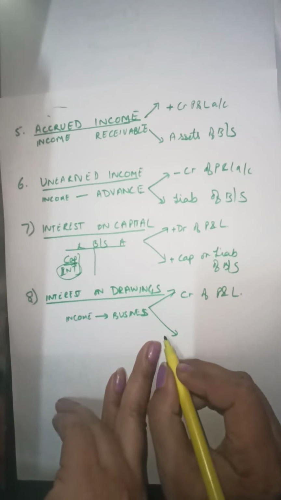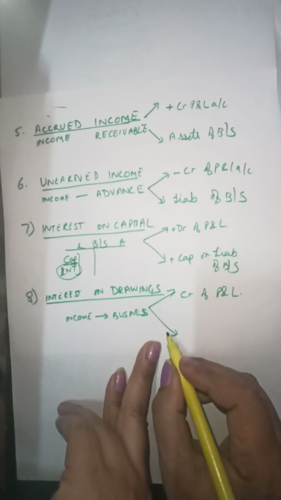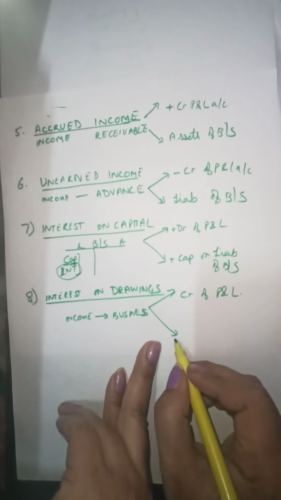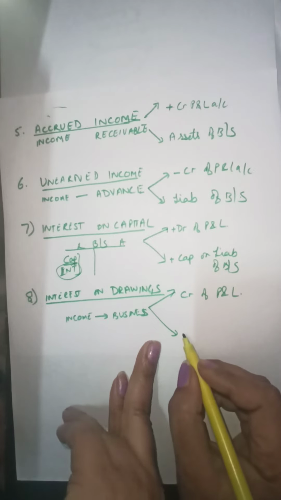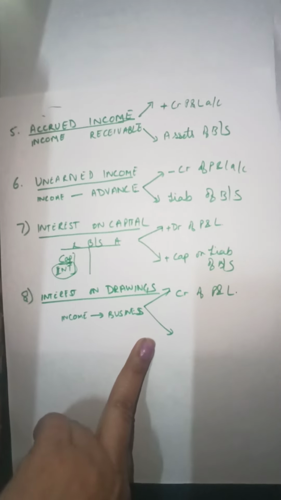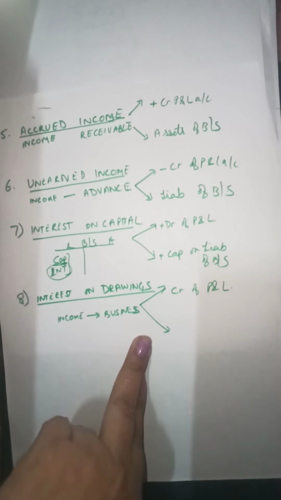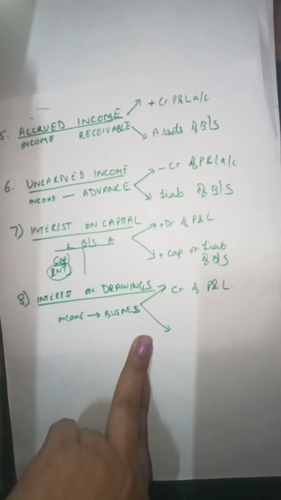Next, what is happening in the balance sheet with the amount of interest that comes into the business? The amount is shown as drawings. So this interest on drawing will be shown on the liability side: it is deducted from the capital.